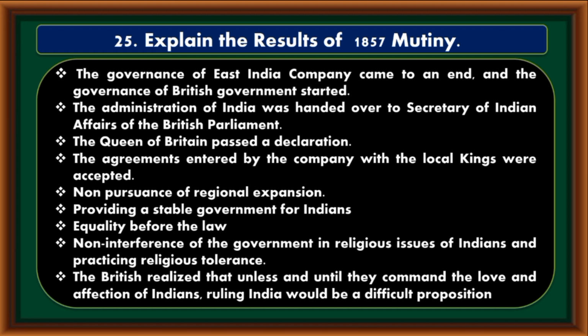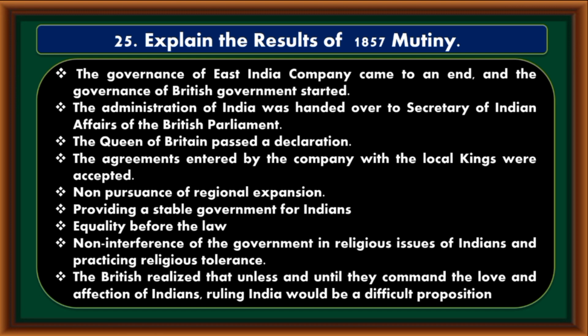Explain the results of the 1857 mutiny. The governance of the East India Company came to an end and the governance of the British government started. The administration of India was handed over to the Secretary of Indian Affairs of the British Parliament. The Queen of Britain passed a declaration. The agreements entered into by the company with the local kings were accepted.